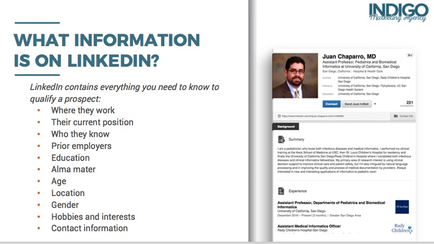It contains everything you would need to know to qualify a prospect: where they work, their current position, who they know, where they used to work, where they might have a 401k to roll over from, or maybe stock options that they might want to find a solution for, their education, where they went to college, how old they are, their location, gender, hobbies, interests. All of this information is on their LinkedIn profile, and it's searchable. So it's very easy to find people who fit your target demographic by using LinkedIn.